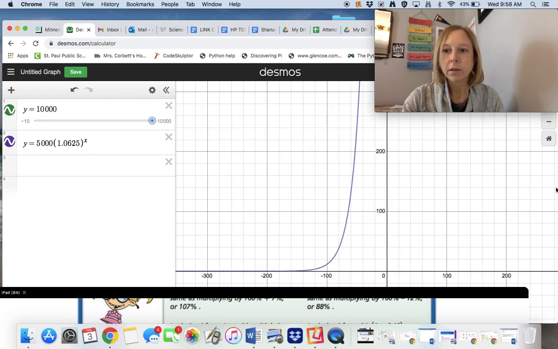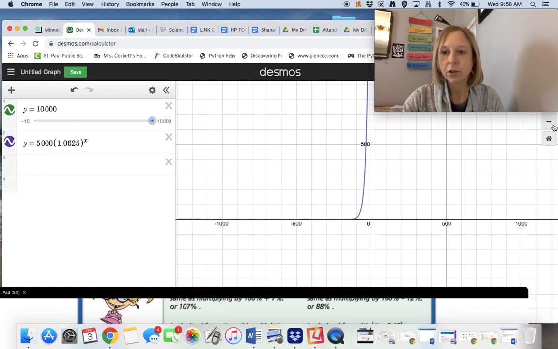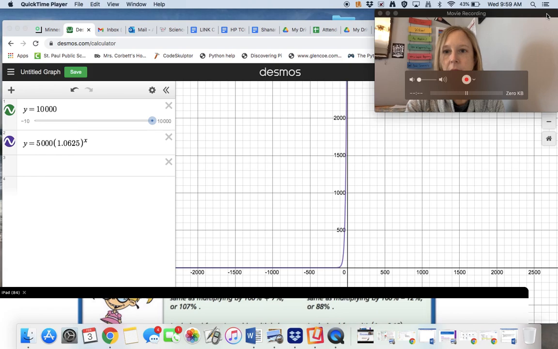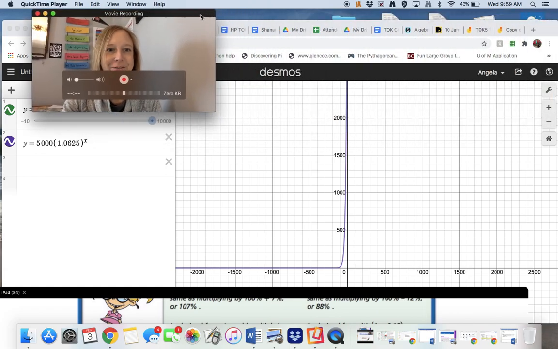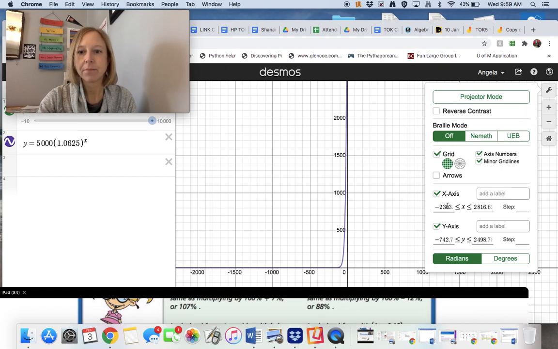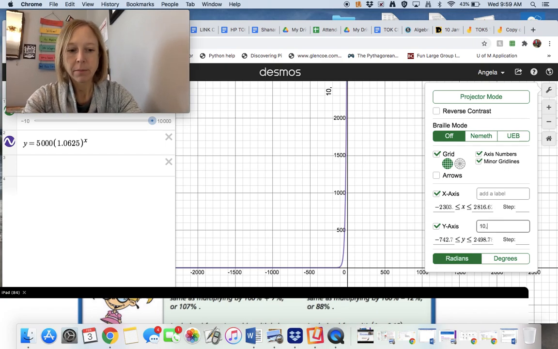We know our y-intercept is 5,000, so we need to do a bunch of zooming out. But we also know we're looking for this intersection point at 10,000. So I think what I'm going to do, I'll move my head over. I'm going to go to Tools here, and I'm going to set my window. So I know my y-axis, I want it to go up to 10,000, but maybe a little bit more, so 10,100.